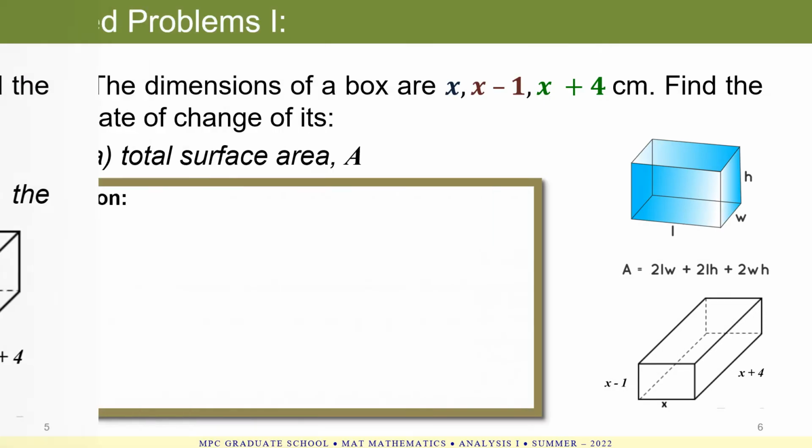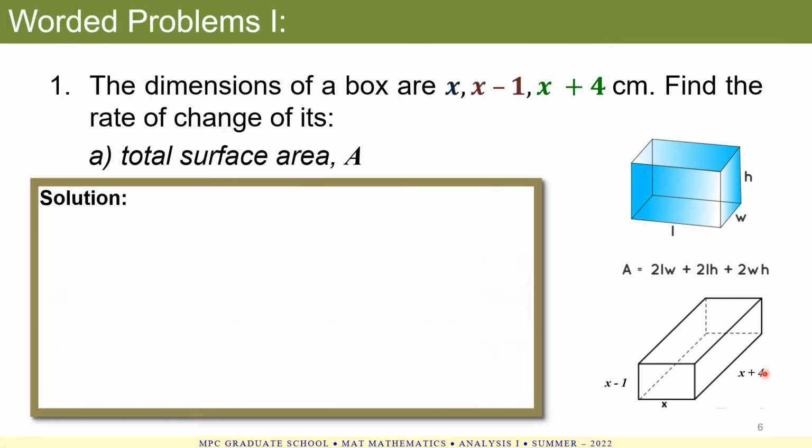To solve it, first for the total surface area, the surface area is equal to 2 length times width plus 2 length times height plus 2 width times height. These are the given dimensions. Just follow the formula and it will give us 2x times x minus 1, plus 2x times x plus 4, plus 2 times x minus 1 times x plus 4.